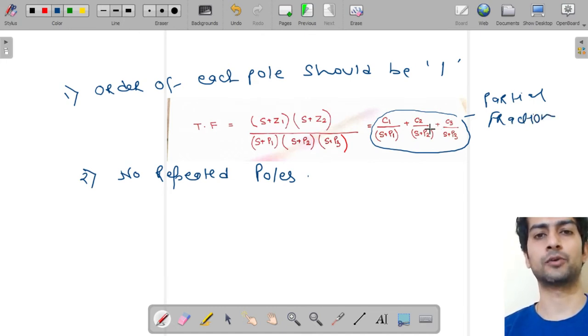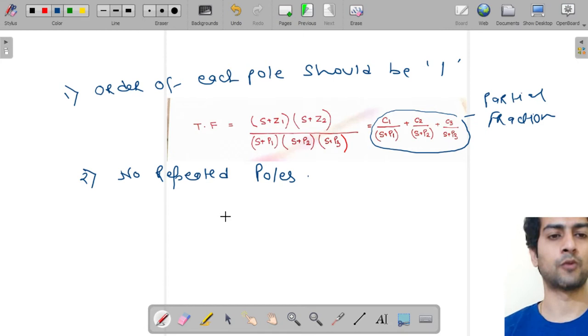We will come to it a little later. Now we have to represent this transfer function. It has two prerequisites, that is, the order of each pole is 1 and there are no repeated poles. So this satisfies the condition of diagonal canonical form. So now we will write it in state model.